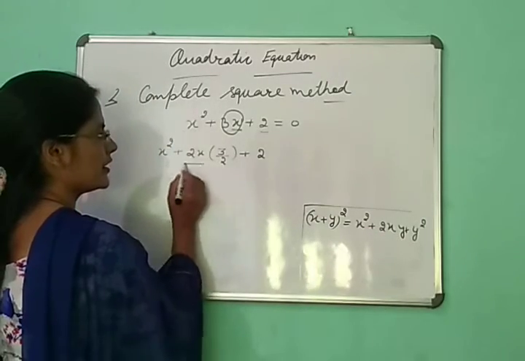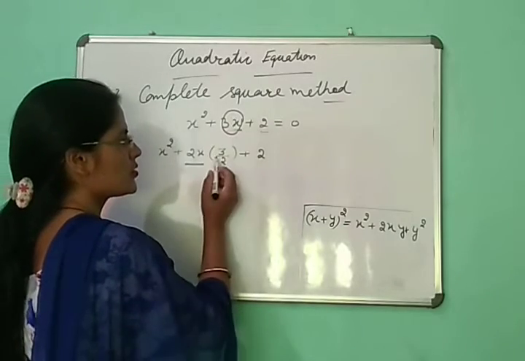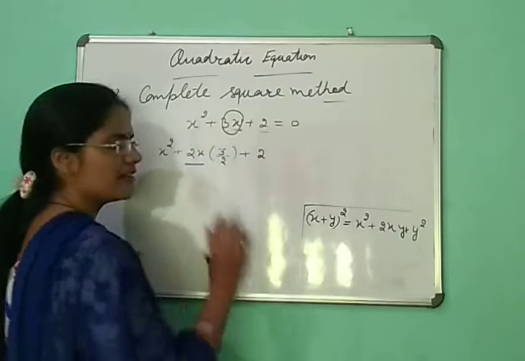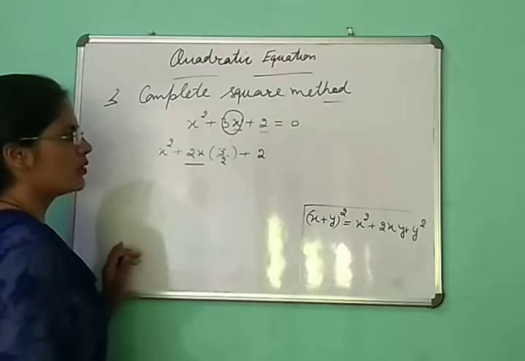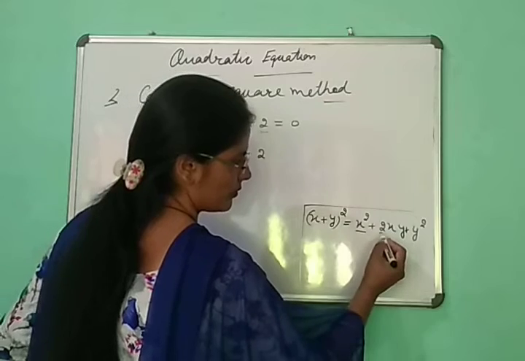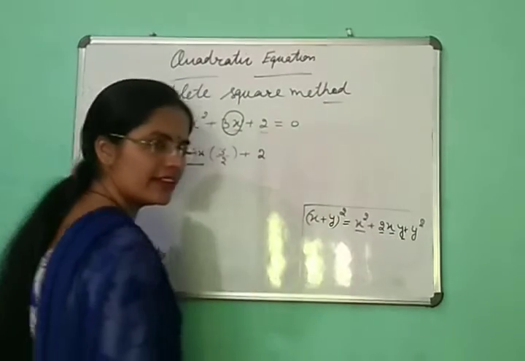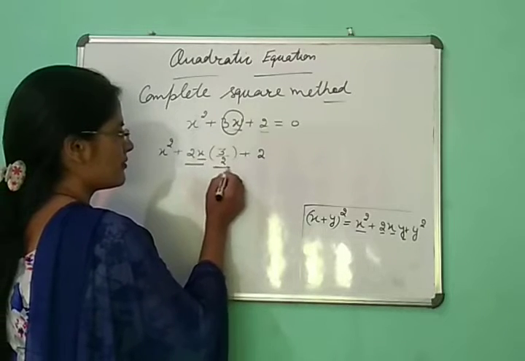We have already written 2x as it is, but we have to make 3x. So write here 3. We have no need of 2, so simply divide by 2. From here we know that x square plus 2x as it is, and this one is our y. So this is our x, this is our y.